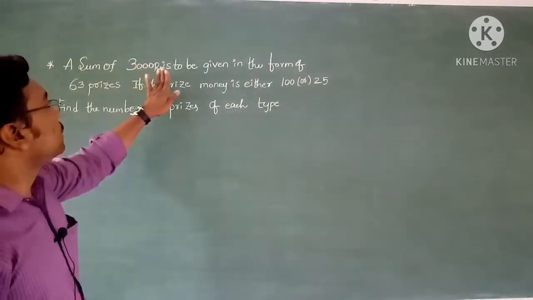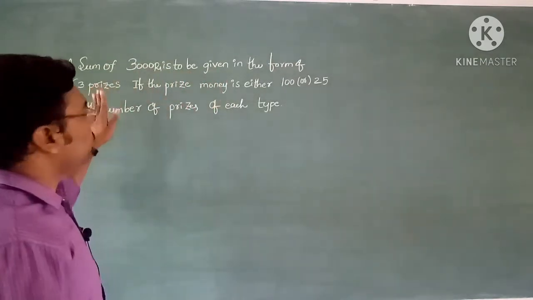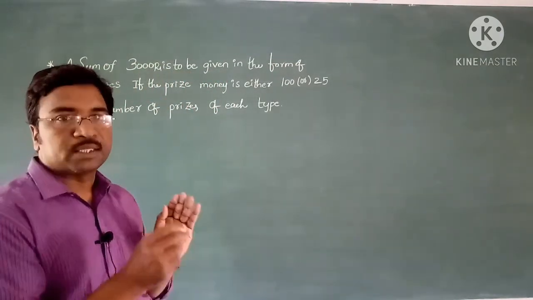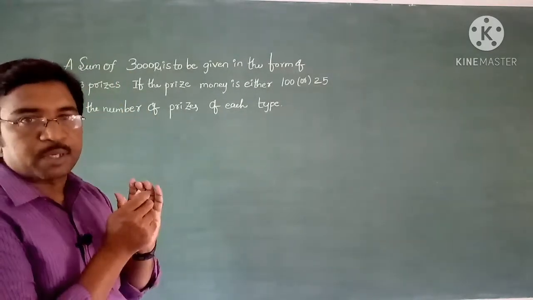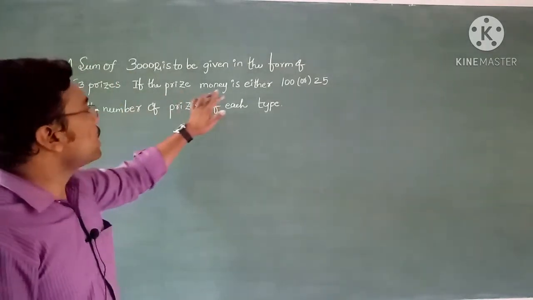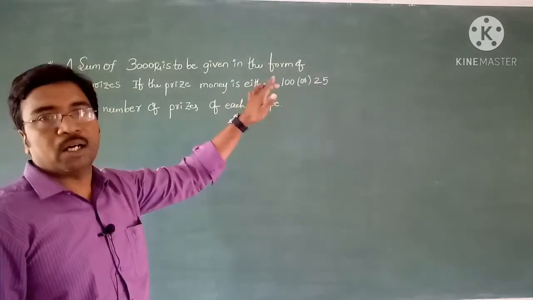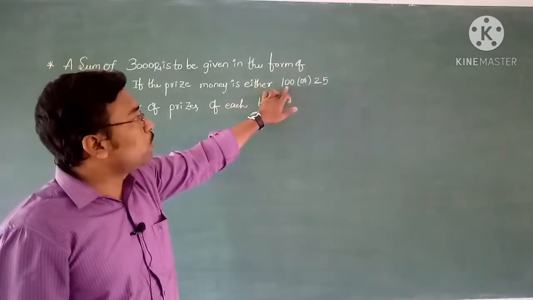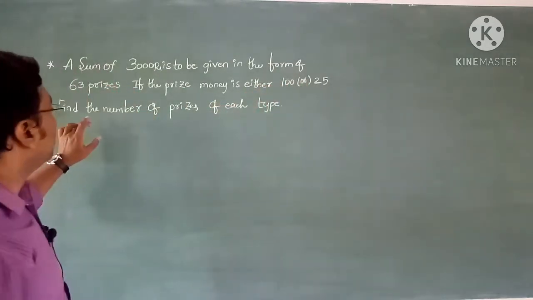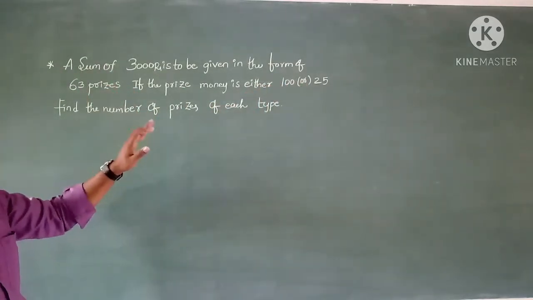A sum of 3000 rupees is to be given in the form of 63 prizes. Okay, 63 prizes ki 3000 rupees ichara 63 prizes motaniki. If the prize money is either 100 or 25, prize money entundo okka dantlo 100 rupees leda 25 rupees. Find the number of prizes of each type.